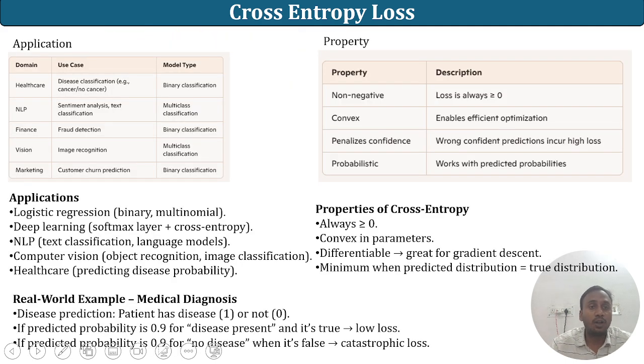As for the applications of cross entropy: logistic regression, binary and multinomial, which we have seen, deep learning problems such as softmax classifiers, where cross entropy is used, and natural language processing.